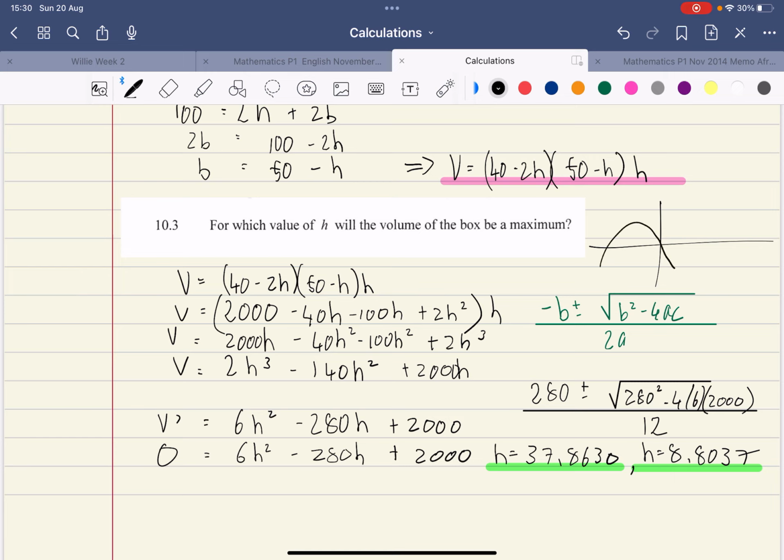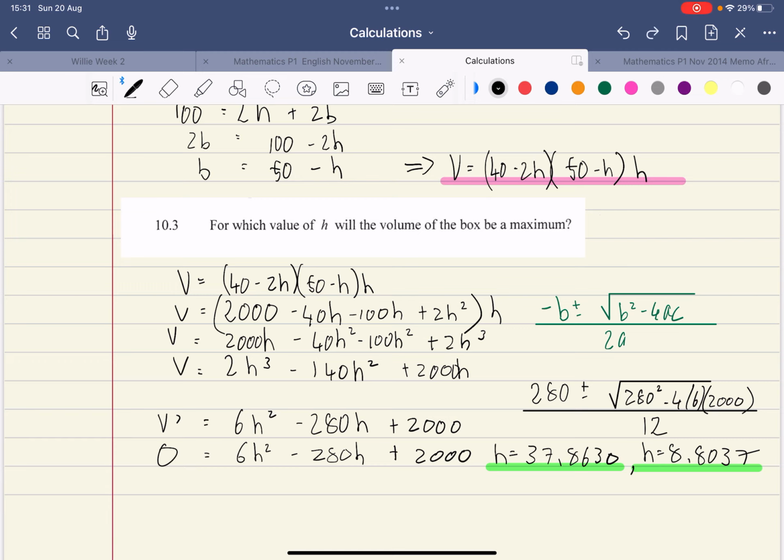What I'm trying to say is when we find the derivative of a function and set it equal to 0, we can use that to find for what value of that variable will give the maximum or minimum of a function. But they want in particular the maximum here.